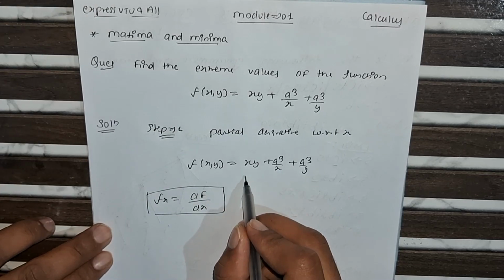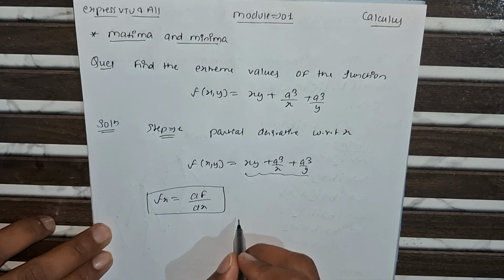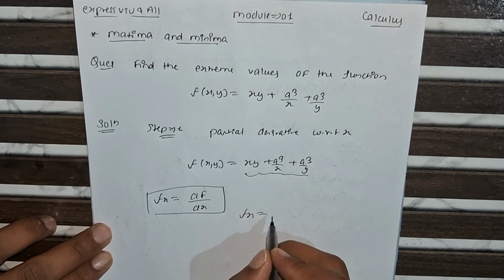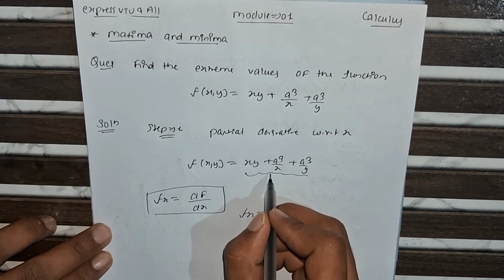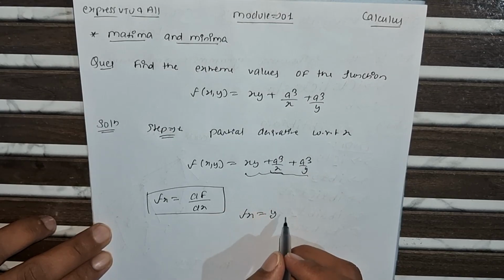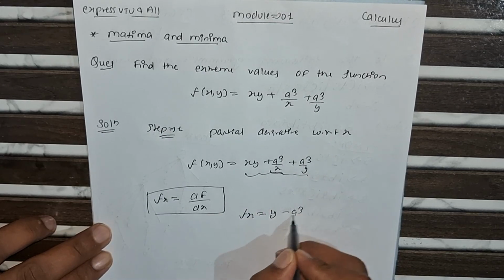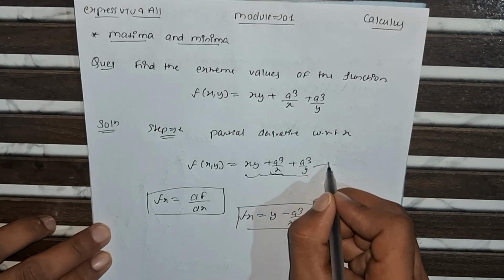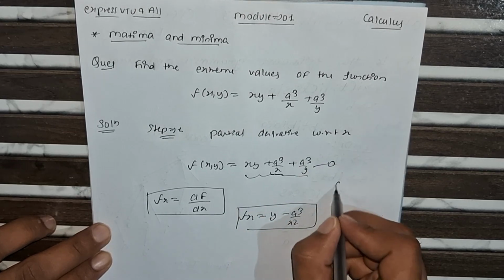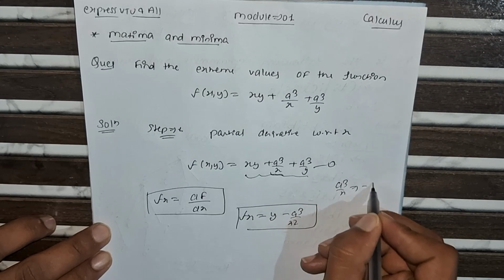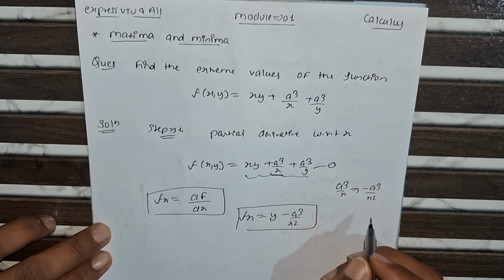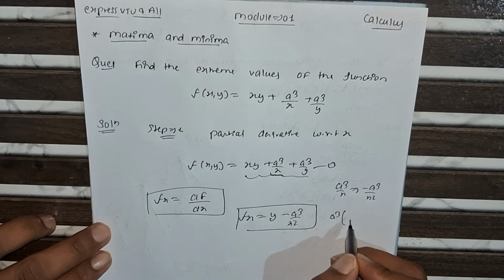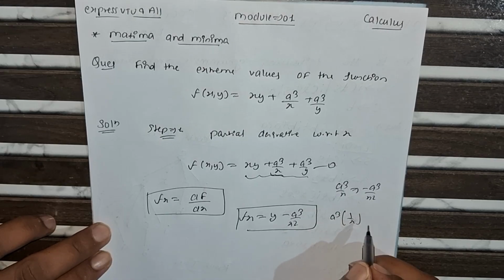So when you differentiate this function with respect to x, means fx equals to, what is the differentiation of x, which is 1. That's why we can write it as y. Differentiation of a³/x means minus a³/x², and this becomes 0. How can I write it as a³/x differentiation is minus a³/x²? Let's see. This is a³, we can take it as constant outside, remaining 1 by x.